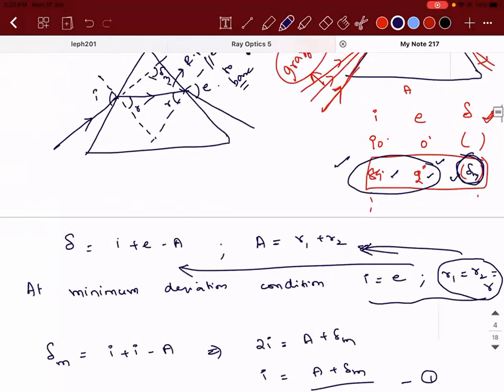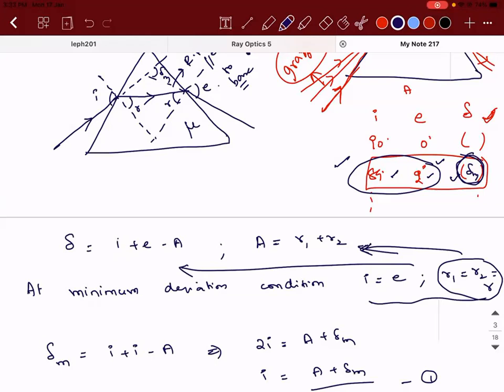Right. Now, what did I say? This condition of minimum deviation is going to help us to find the refractive index of the material. So, wherever refractive index and angles are involved, what is the immediate thing that should come to our mind? What is the law that is going to relate the refractive index and the angles?